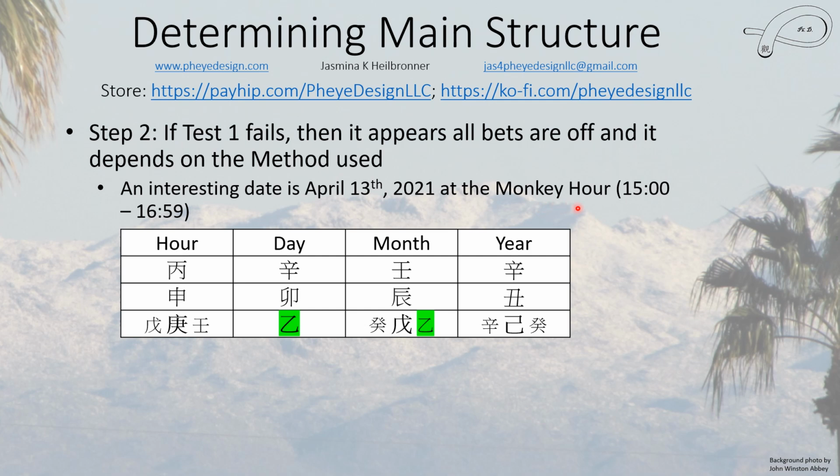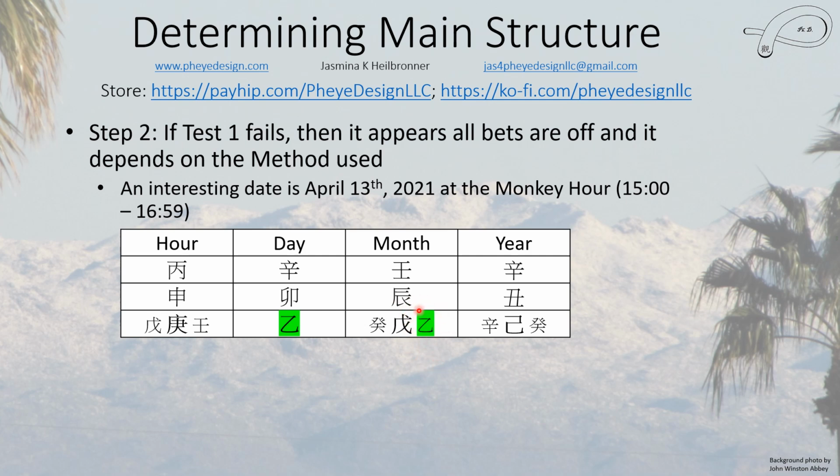You can check this with Joey Yap, and I don't know if you can check it with the BaZi calculator. I'm not sure that it does that, but I've checked it with the Chinese metaphysics website that I have a subscription to. So here, this is a dragon, and it says it's strong for wood.